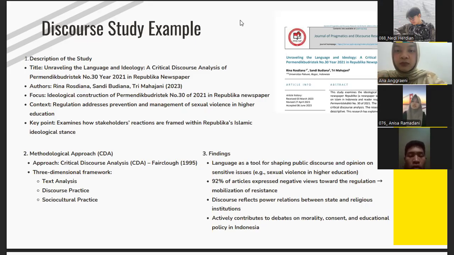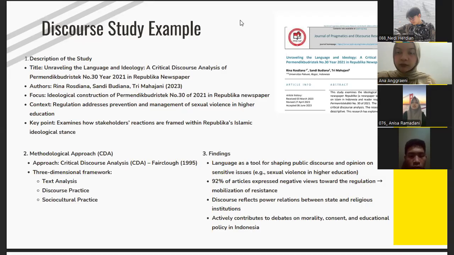The findings show that language is used as a tool to shape public opinion on sensitive issues such as sexual violence in higher education. About 92% of the articles expressed negative views toward the regulation, portraying it as conflicting with moral and religious values, which led to resistance.